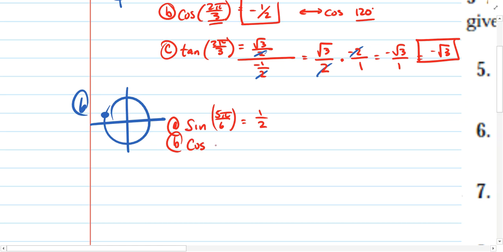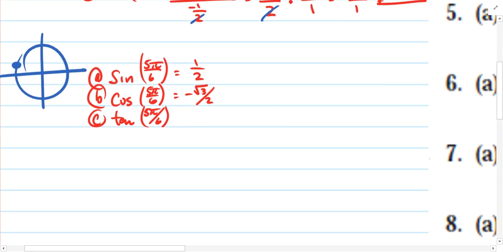Question B is cosine of 5 pi over 6. So the x-coordinate in that position is negative radical 3 over 2. And tangent of 5 pi over 6. Well, that's the y-coordinate divided by the x-coordinate, so y divided by x.